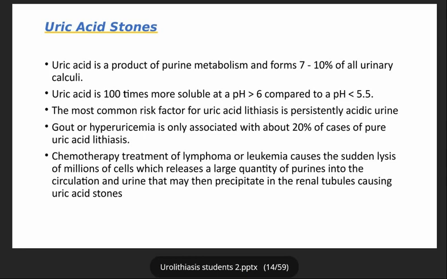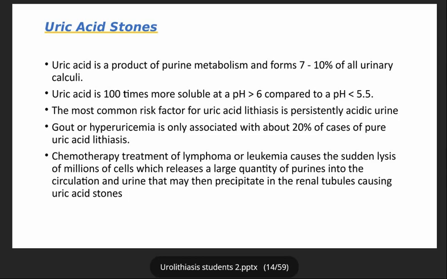The other type is uric acid stone. It's the second most common. It comprises 7 to 10% of all urinary stones. And typically, it forms in acidic urine. So the urine pH can be acidic, which is less than 5.5. And if the urine is acidic, the patient has higher risk of forming uric acid stones.